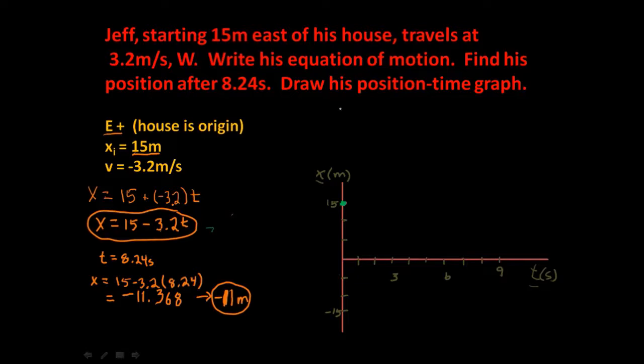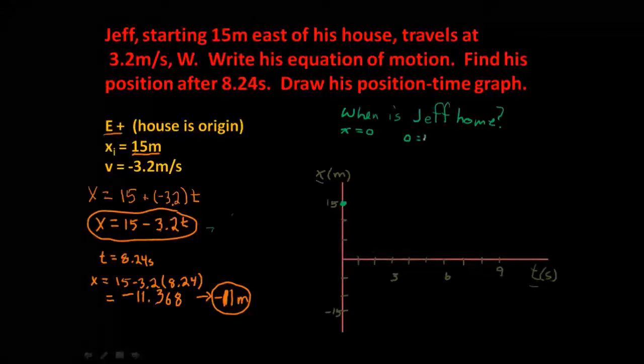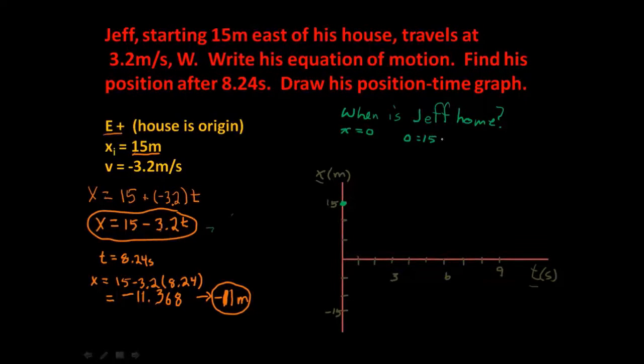And the way we do that is we find out, when is he home? You see, that is the same question as, when is his position equal to 0? When is he at the origin? Well, if we pop that into the equation, we would write in 0 equals, because x is 0, not t, 15 minus 3.2t.